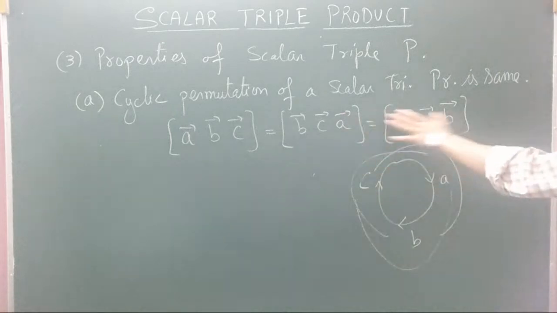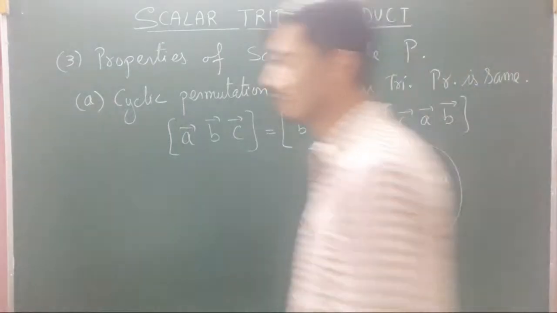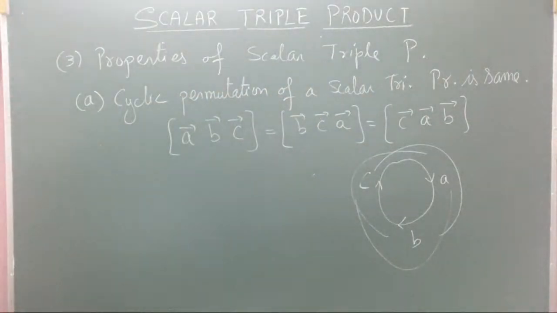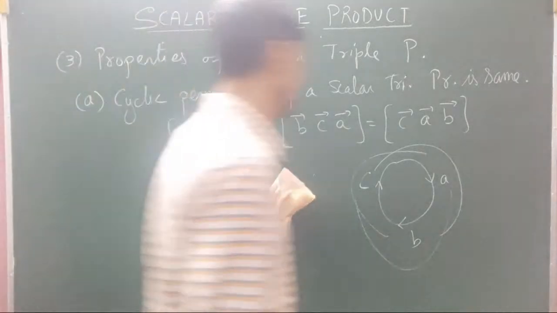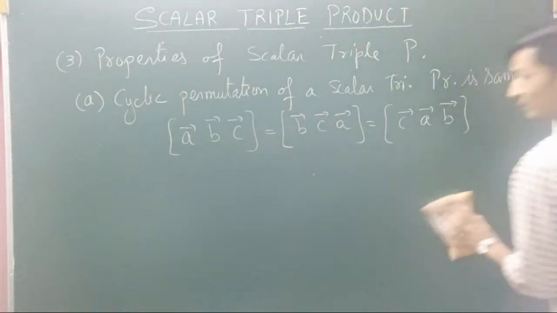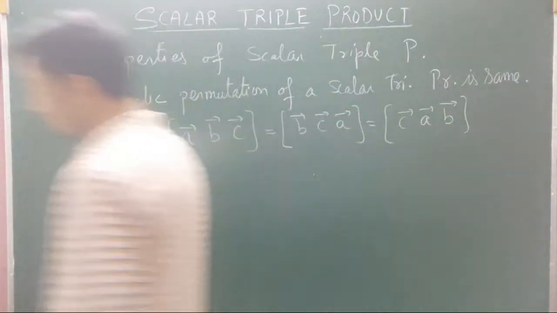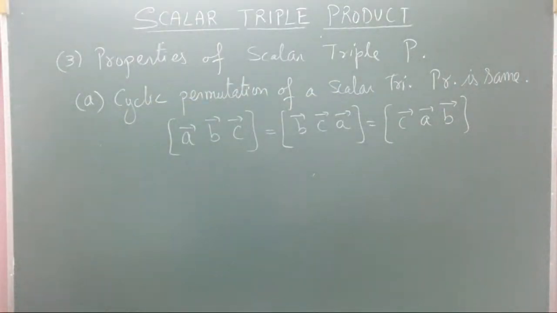So if you maintain that cyclic permutation, the value of the scalar triple product doesn't change, it remains the same. A very important property there. But if it's not done cyclically, if it is done randomly, then of course this value will change.